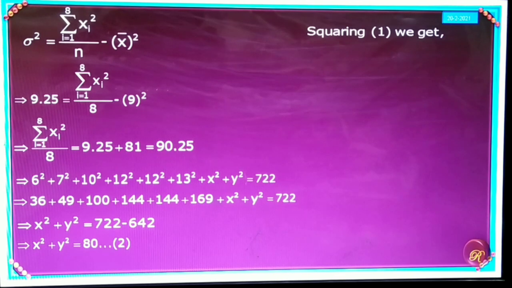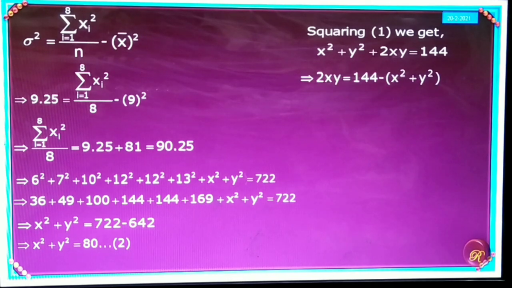Squaring 1 we get, x plus y whole square is equal to 12 square. x square plus y square plus 2xy is equal to 144.